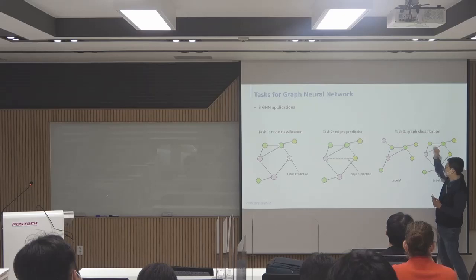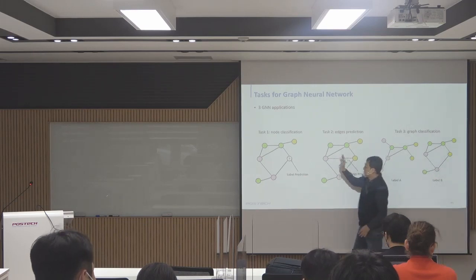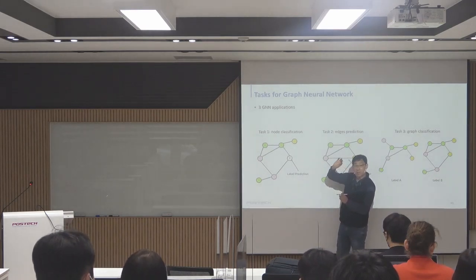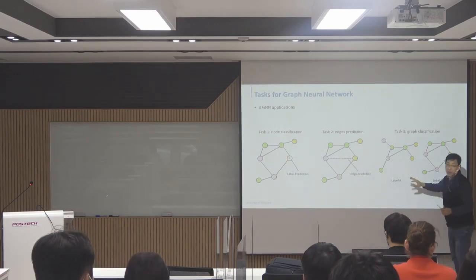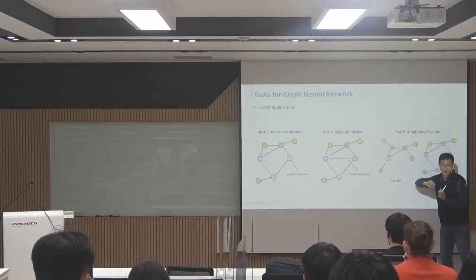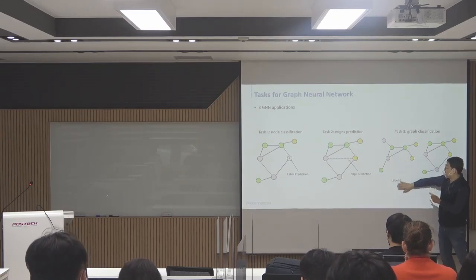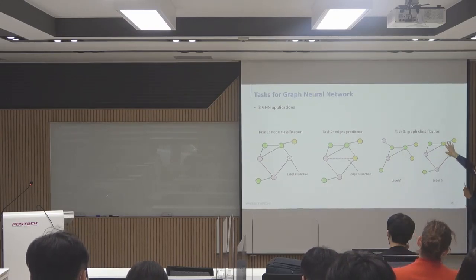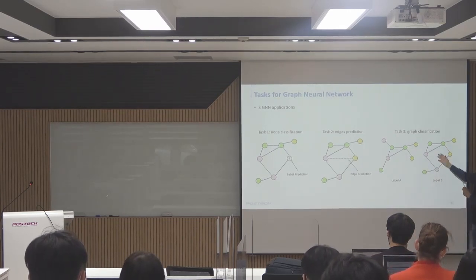Another task is on the whole graph. The difference from the first one, where I add labels to each node, is that here I want to put labels on the entire graph, the entire network. Say this one is label A and this one is label B, and suppose we have another network.